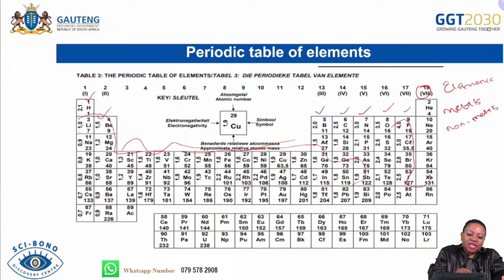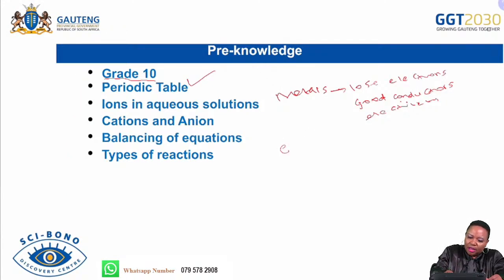Therefore, when you see elements in group number 1, you will know that these are metals. There is only one non-metal in group number 1, which is hydrogen. However, all other elements in group number 1 are metals. Therefore, what is the property of the elements in group number 1? They will lose 1 electron as metals.